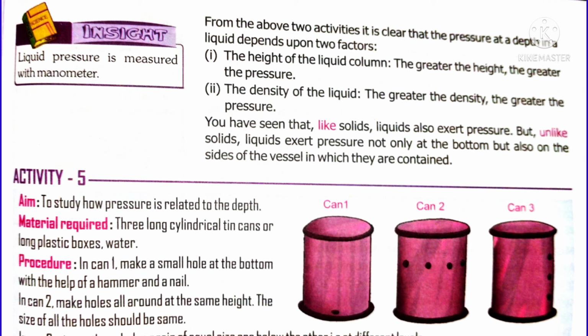In can 1, you are going to close the hole temporarily with your finger and pour water into the can. Now you are going to remove the finger. Then what will happen? Water flows out through the hole. This shows that water exerts pressure downwards. The can 1 hole is present at the bottom of the can.